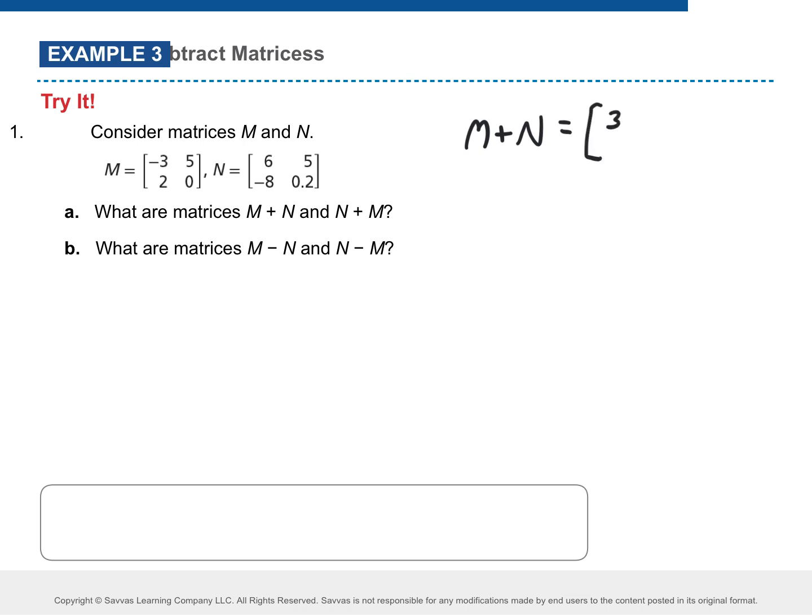I'm going to just go left to right. Now I have 5 plus 5, 10. Next one, I have 2 plus a negative 8, negative 6. Can I put that negative 6 here? Everyone look. Nope, it has to go in that same spot. And then next one, 0 plus 0.2, 0.2. Yep.